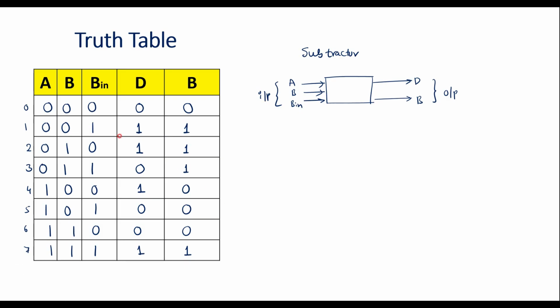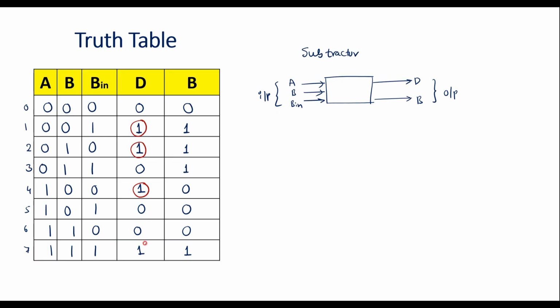So now we have written the truth table. Now let me write the expression for difference and borrow in terms of min terms. In the difference column, we have to consider only the rows which have 1.